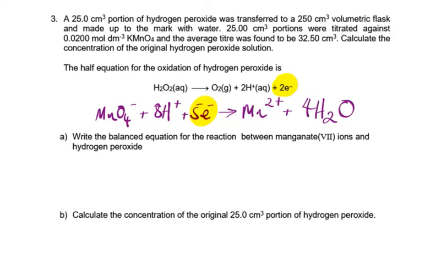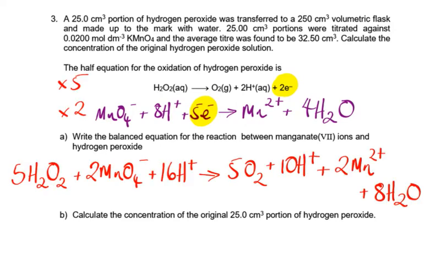So let's write the balanced equation. If we times the peroxide half equation through by 5 and the manganate through by 2, then we end up with this. Hopefully we can see that there's a little bit of tidying up to do. So we've got hydrogen ions on both sides. We've got 16 hydrogen ions on the left hand side, 10 on the right hand side.